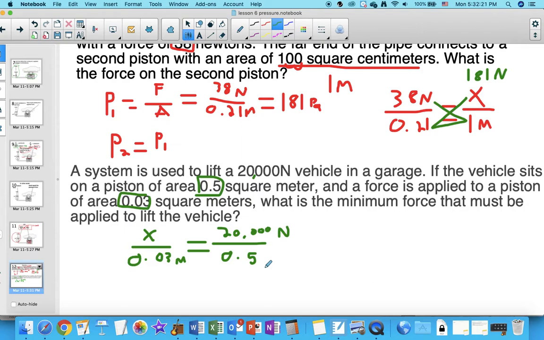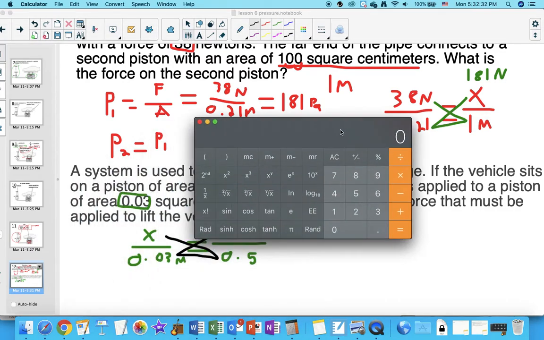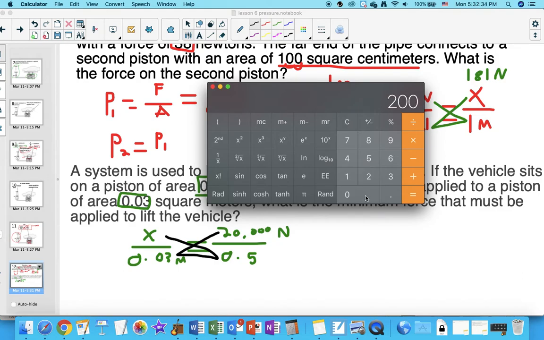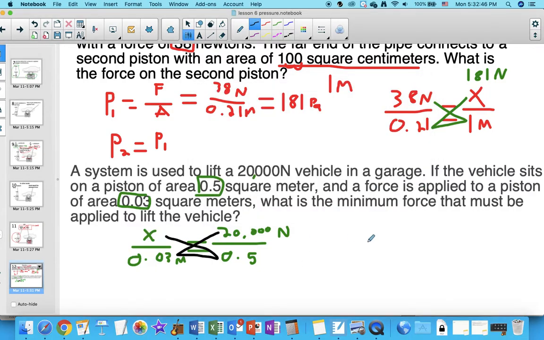But we'll work with this a different way: 20,000 times 0.03 divided by 0.5. Let's try that again. 20,000 times 0.03 is 600, divided by 0.5 gives me 1,200. So x needs to equal 1,200 newtons.